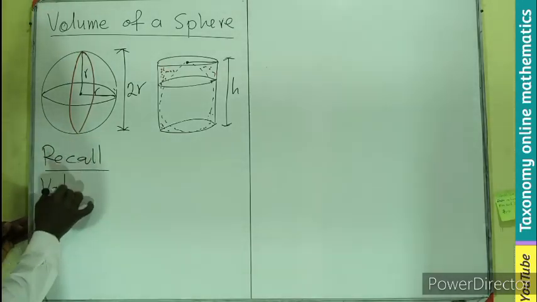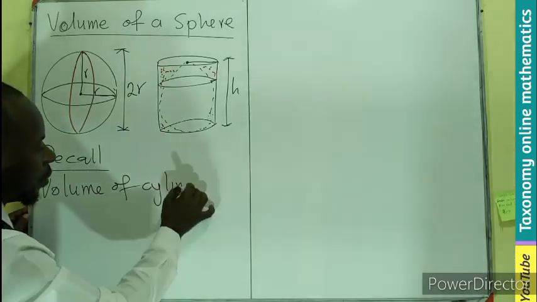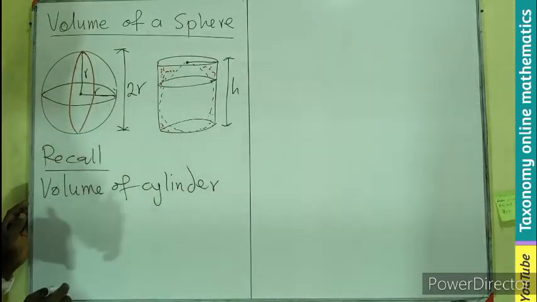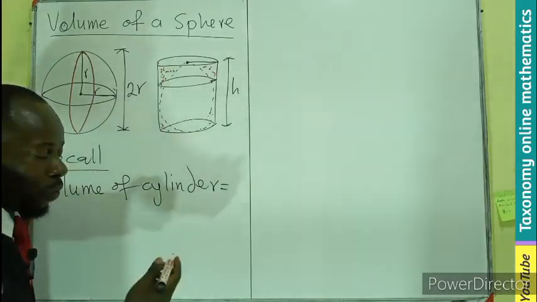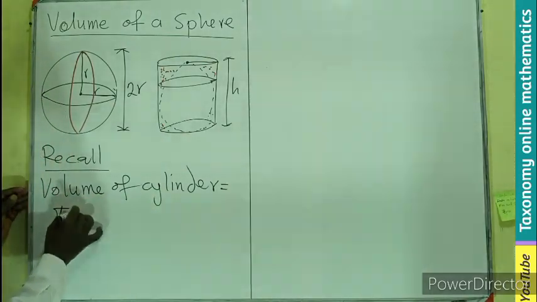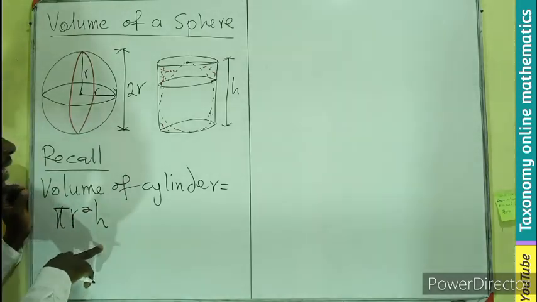So we can recall that the volume of a cylinder, given to us from our previous episode, is pi r squared h.